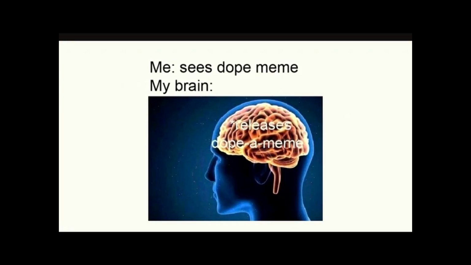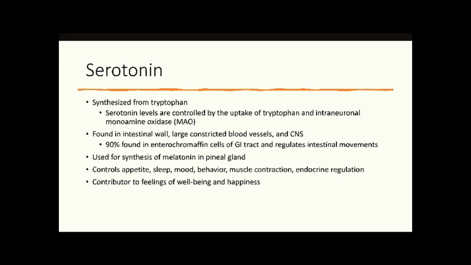Okay, next one is serotonin, synthesized from tryptophan. Where's tryptophan a lot? They say it's found a lot in turkey. That's why people fall asleep after they eat a lot of turkey, because tryptophan goes up, serotonin goes up, makes you sleepy, and you fall asleep.